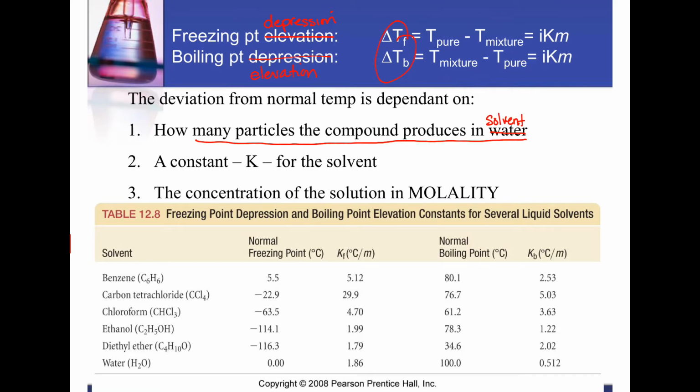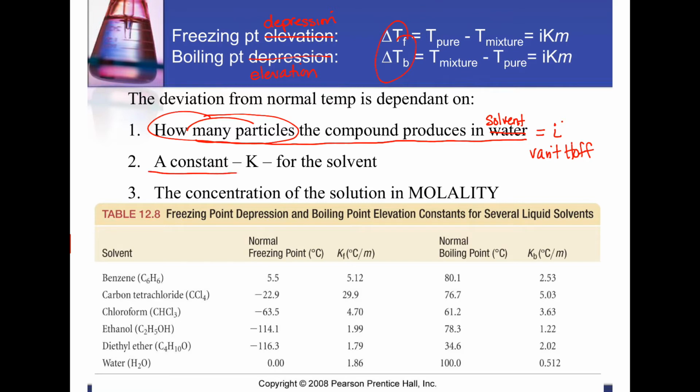But the number of particles that the compound produces, that's called the factor i. It's technically called the Van't Hoff factor. And we'll figure out how to determine that for a compound, but for right now we're just going to call the number of particles i. And we can see that in the equation here.